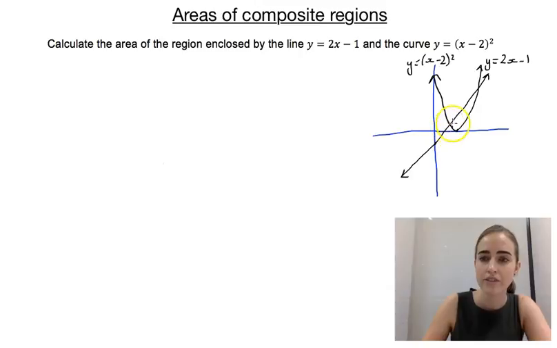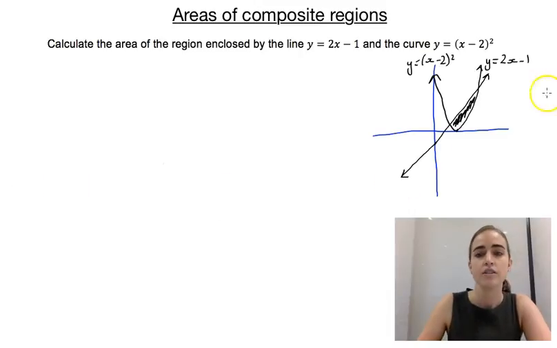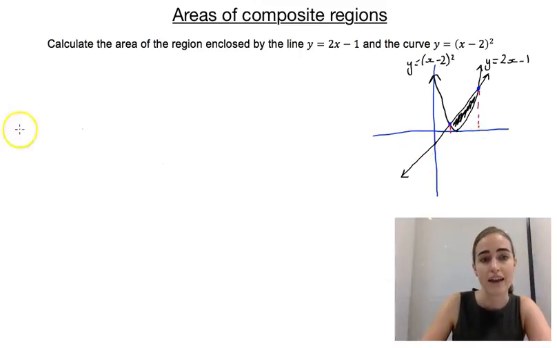And we're trying to find the area of this region in here. All right. So what we need to do first is we need to find these x points. So those x values. So we need to find the points of intersection and find out at what x values they happen. So to do that, we're going to solve those two equations simultaneously.